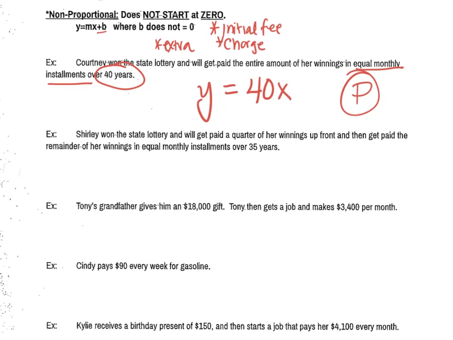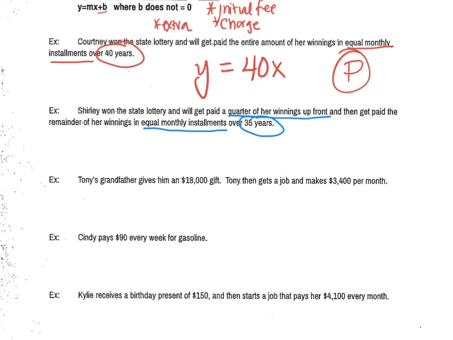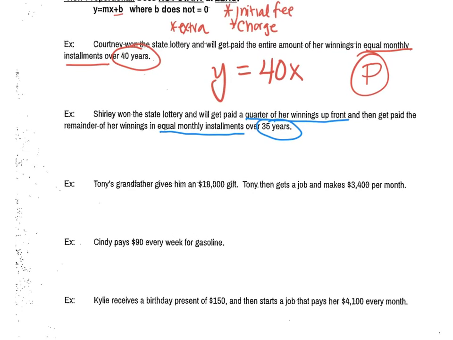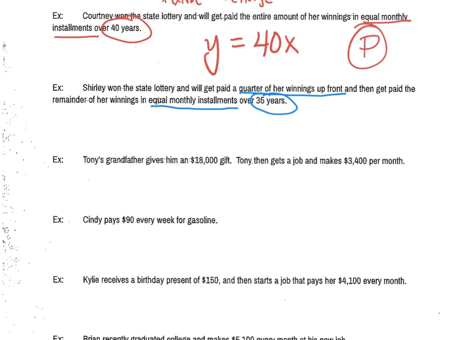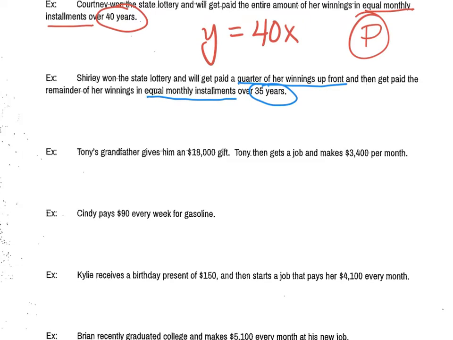Example 2: Shirley won the state lottery and will get paid a quarter of her winnings up front and then get paid the remainder of her winnings in equal monthly installments over 35 years. So that one is kind of the same. I don't know that these are good for making an equation, but if she gets paid a quarter of it up front and then gets paid in monthly installments, would that be proportional or non-proportional?